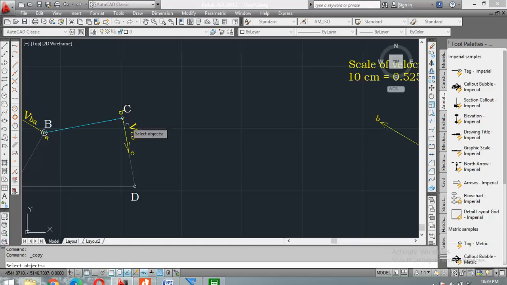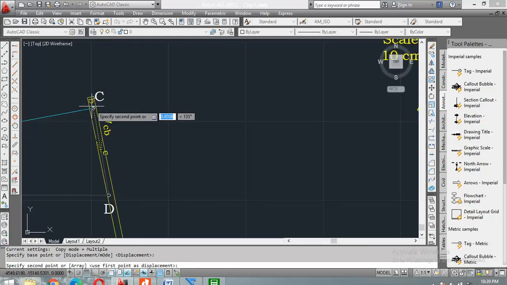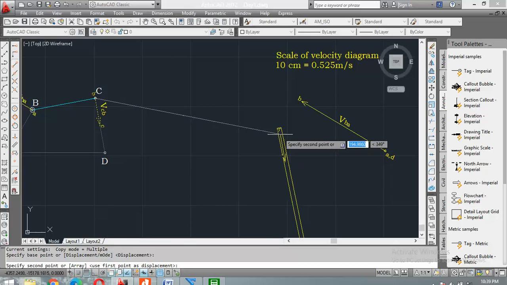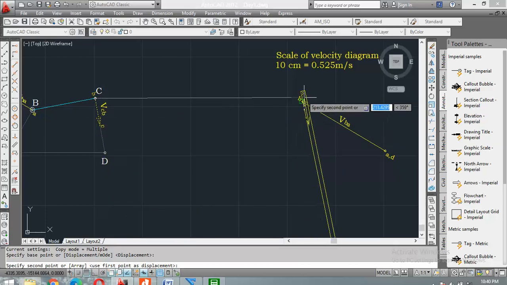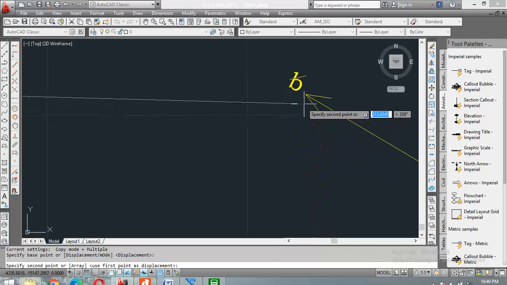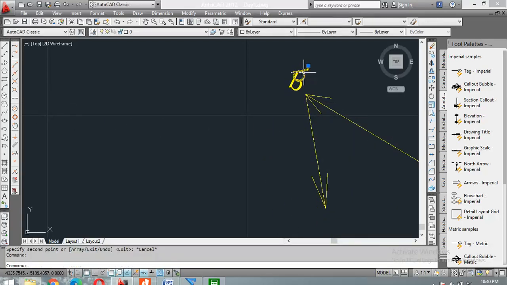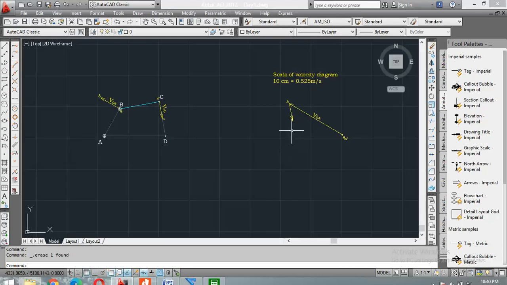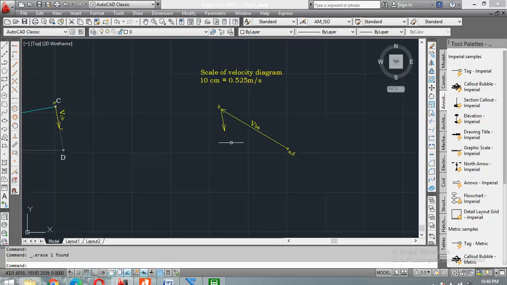So I am picking point B here. Why? Because B point is already marked in the velocity diagram. So I am marking point B such that its tail should fall here. हाँ, तो यहाँ से उठा के मैंने ये B पर रख दिया. Okay, so this vector is completed and shifted to the velocity diagram.